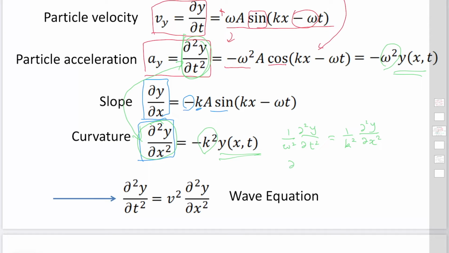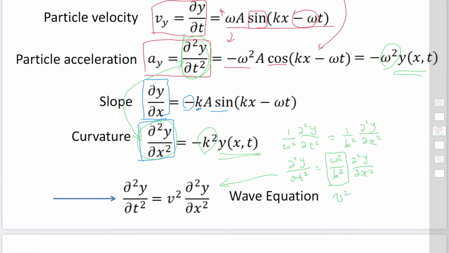So the second derivative with respect to t is omega squared over k squared times the second derivative of y with respect to x squared. And this is equal to the wave speed, v squared.